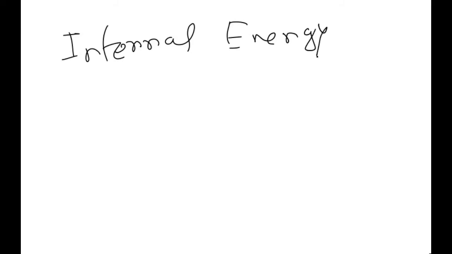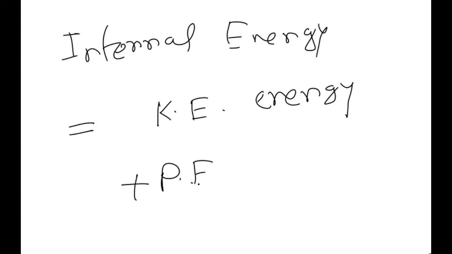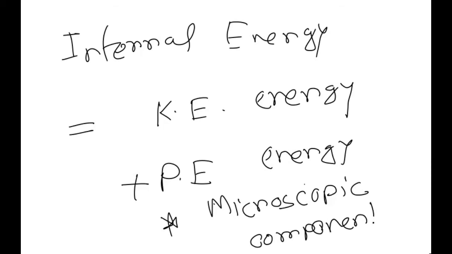The internal energy of this gas is defined as the sum of the total kinetic energy of the microscopic components and the total potential energy of the microscopic components of this gas. For any object, the internal energy is defined as the sum of the total kinetic energy and the total potential energy of the object's atoms and molecules.